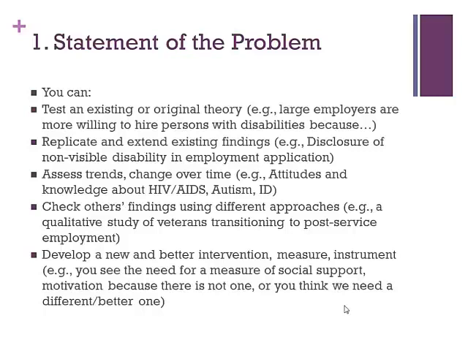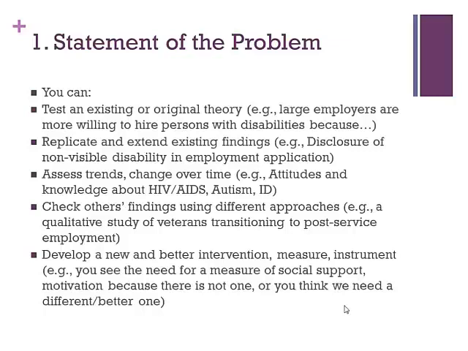And then you can develop a new and better intervention or treatment or instrument to measure some aspect of rehabilitation counseling. You might see, for example, that there's a need for an instrument or a measure in some area. You want to measure something and there's no instrument that exists to measure it.